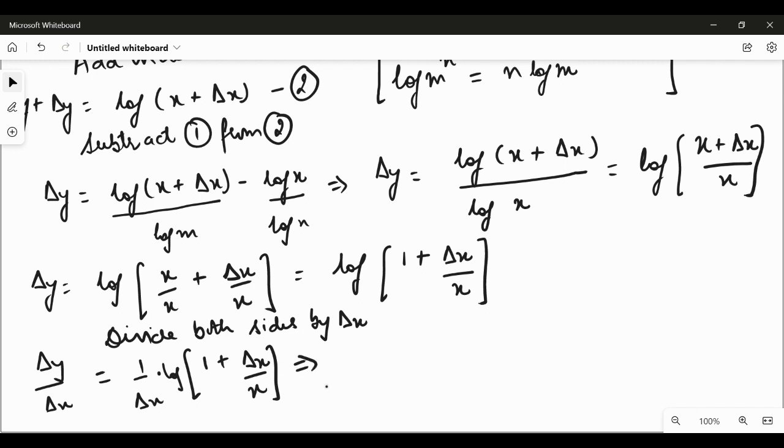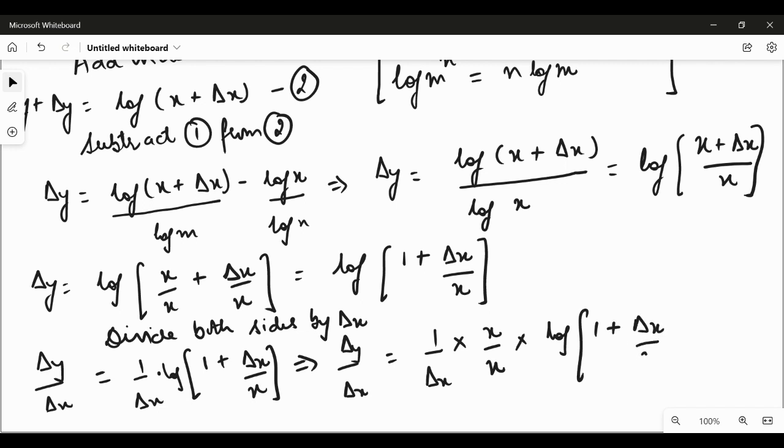From here we will not be able to get any solution. So the next step: delta y by delta x is 1 by delta x. I think we can write x by x here, because if we cancel x by x we get 1, so there is no change in anything, it is multiplied with log of 1 plus delta x upon x.